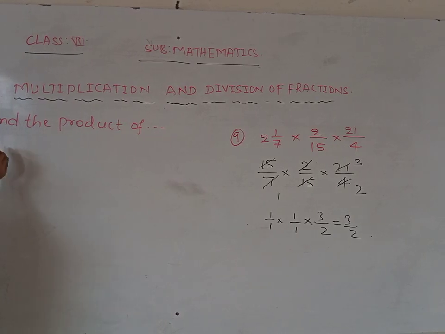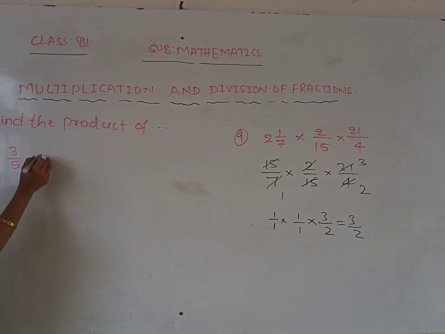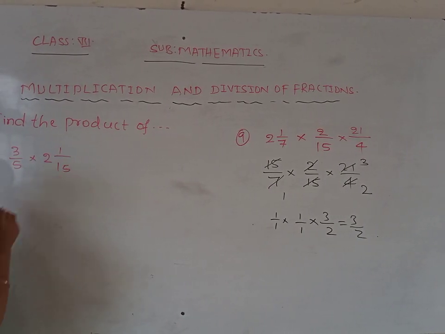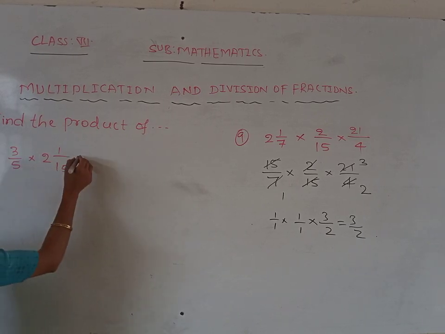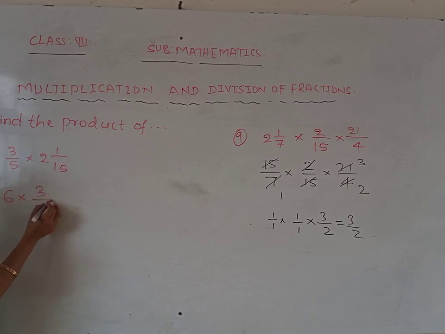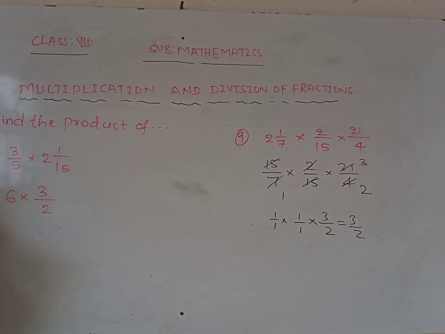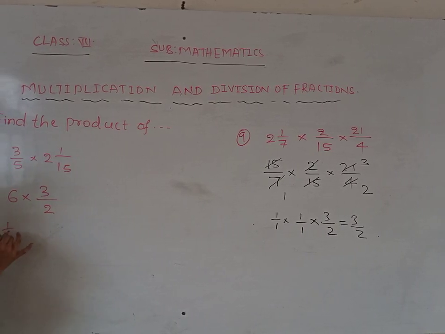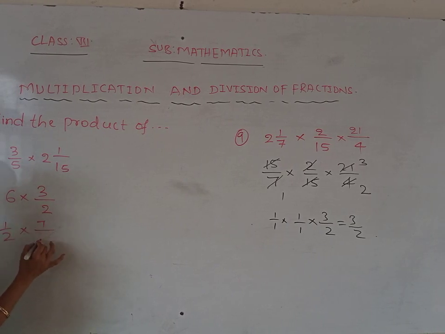So first one, 3 by 5, 2 integer 1 by 15. Second one, 6 into 3 integer 3 by 2. Then third one, 1 by 2 into 7 by 15 into 30 divided by 40.